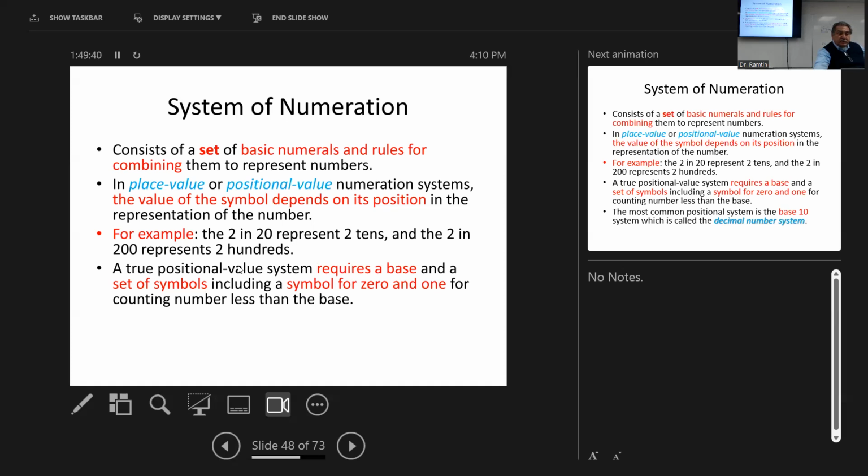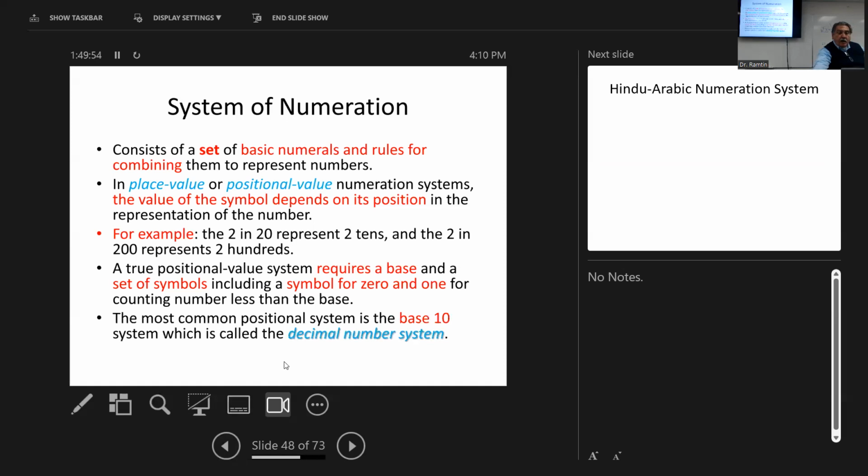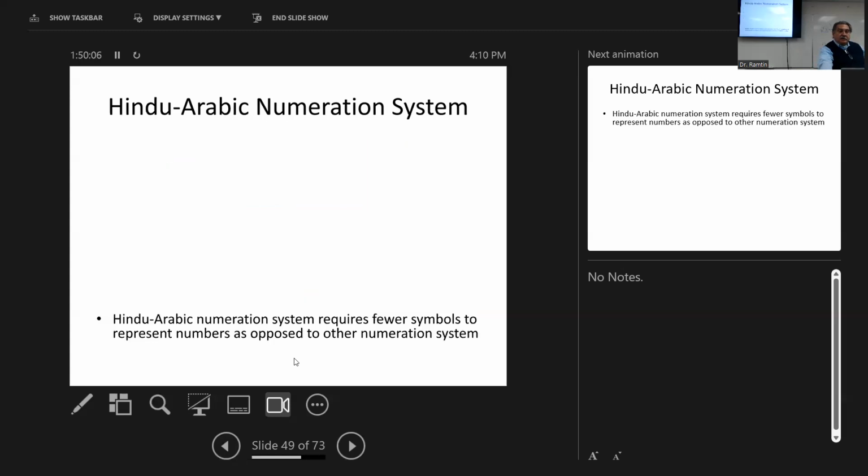A true positional value system requires a base and a set of symbols, including symbols 0 and 1, for counting numbers less than the base. The most common positional system is base 10, which we use, and which is called the decimal number system. Now you have the Hindu Arabic numeration system.